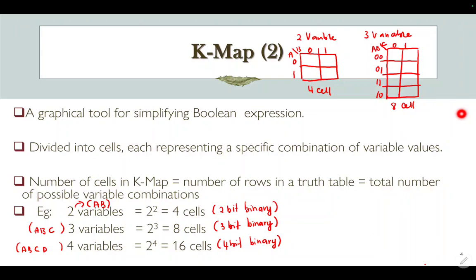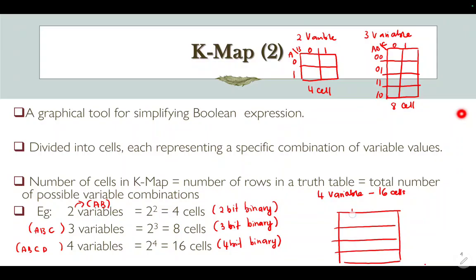For 4 variable, you get 16 cells. You got A, B, C, and D. A, B, C, D, 0, 0, 0, 1, 1, 1, 1, 0, and 0, 0, 0, 1, 1, 1, 1, 0.